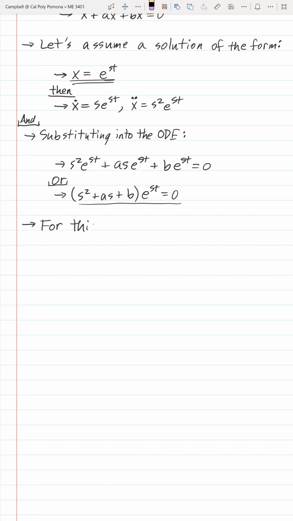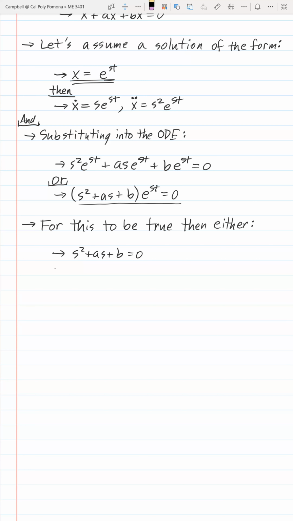And so it turns out that if we have that particular expression, we must have s squared plus as plus b being equal to 0, because if I take e to the st and multiply it by that polynomial that's equal to 0, then clearly I get 0.